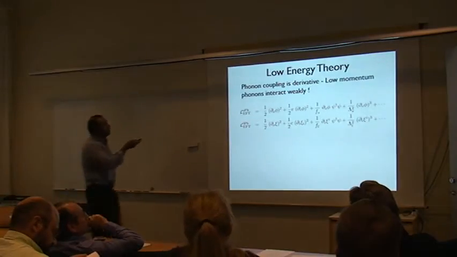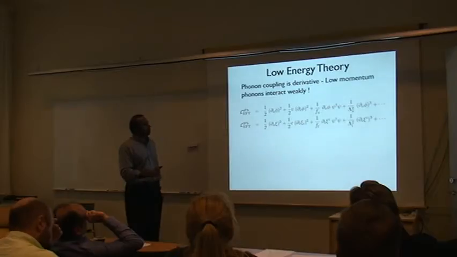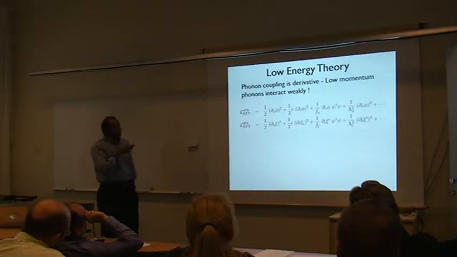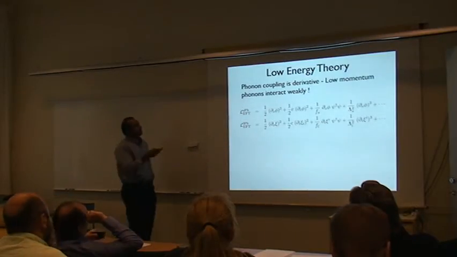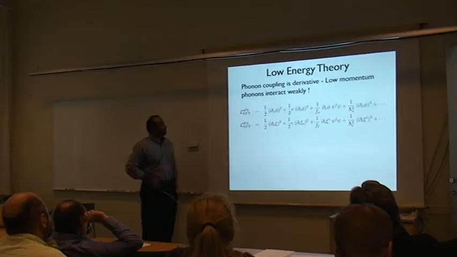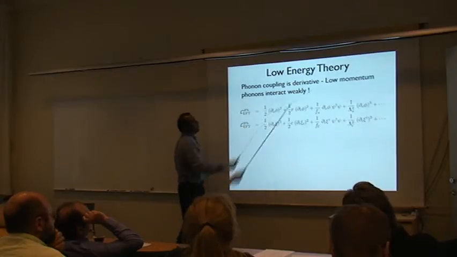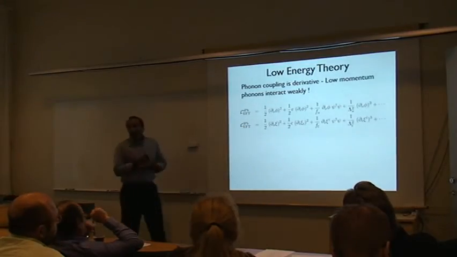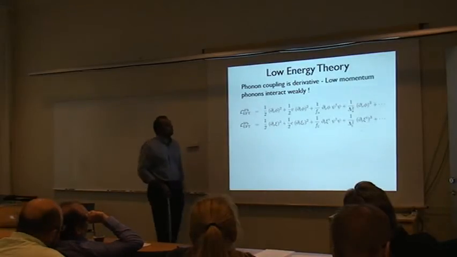Okay, so now we want to understand how does the phonon excite electrons in this system, right? So what we basically did was we said, okay, there must be a low energy theory that describes the interactions of these phonons. If I try to write down such a low energy theory, there's one very good property of such a theory. It's that phonons always interact by momentum dependent interactions. So they're always derivatively coupled.